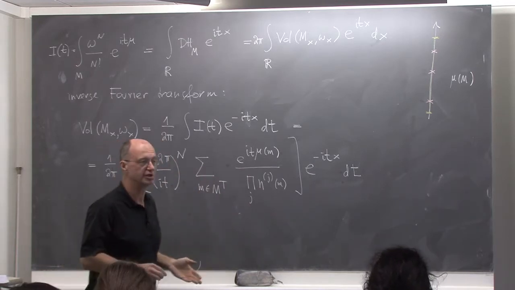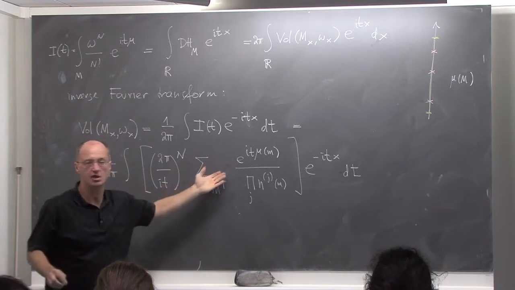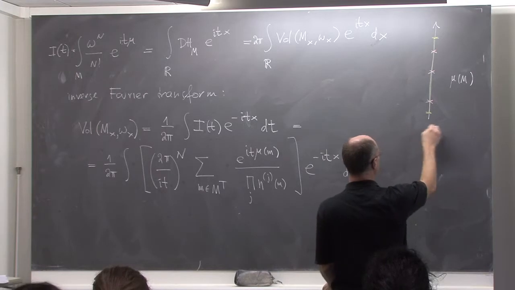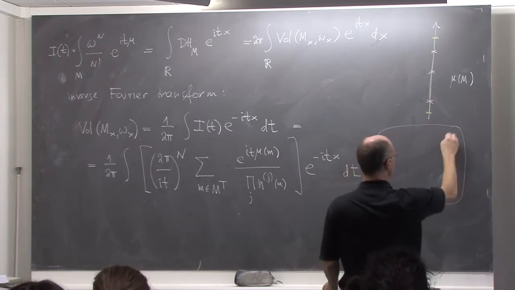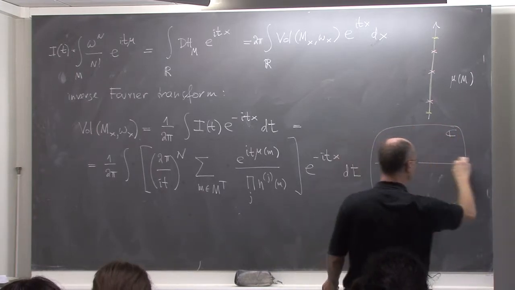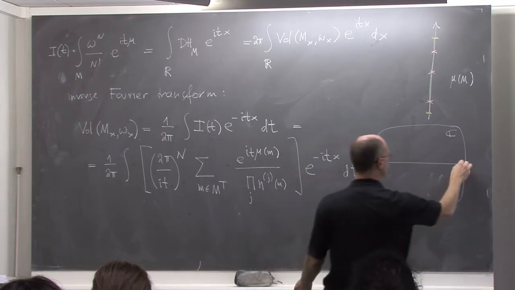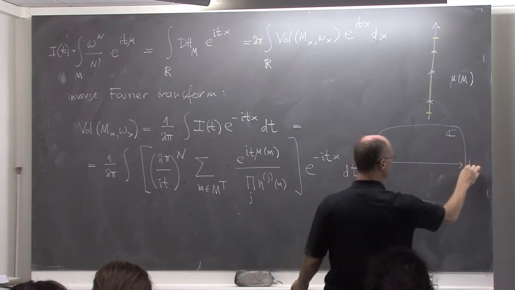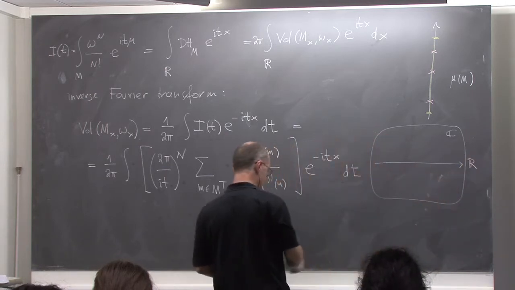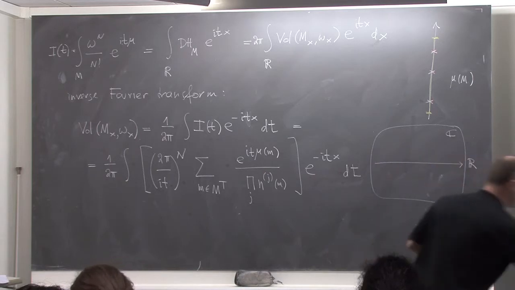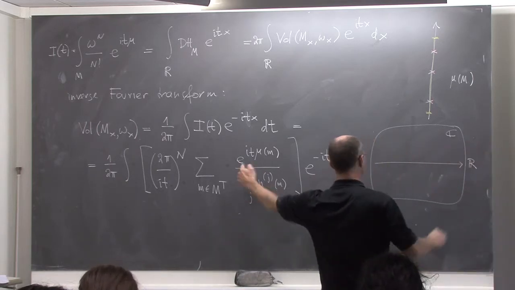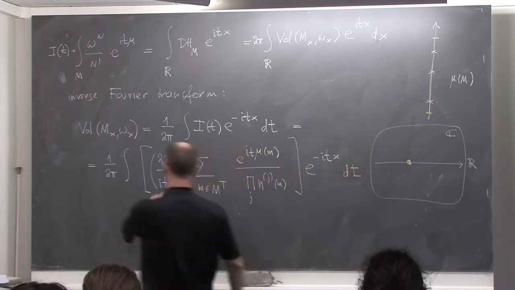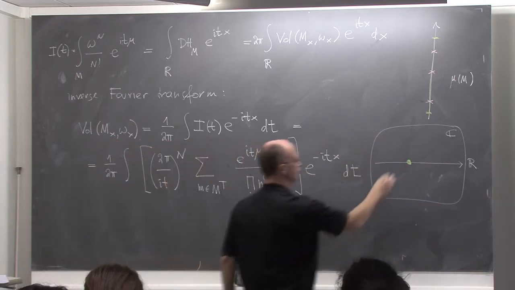Fortunately, in complex analysis, they teach us how to deal with such situations. So we now have the t complex plane, and our integration contour is just the real axis, and in each of these particular terms there is a huge singularity sitting at t equal to 0.